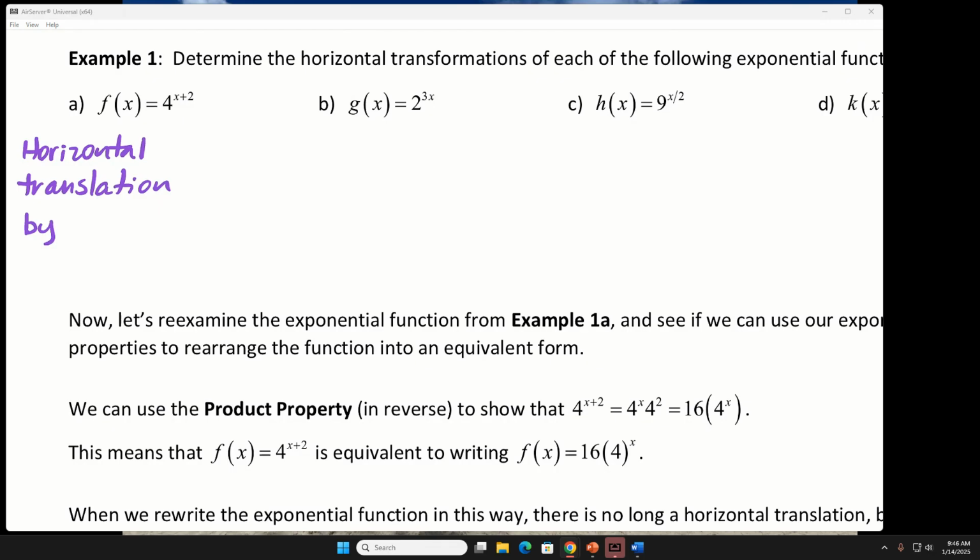So how many units would that be? 2. Close. -2. Right. And then this 3x is like multiplying on the inside, which is going to be a horizontal dilation.